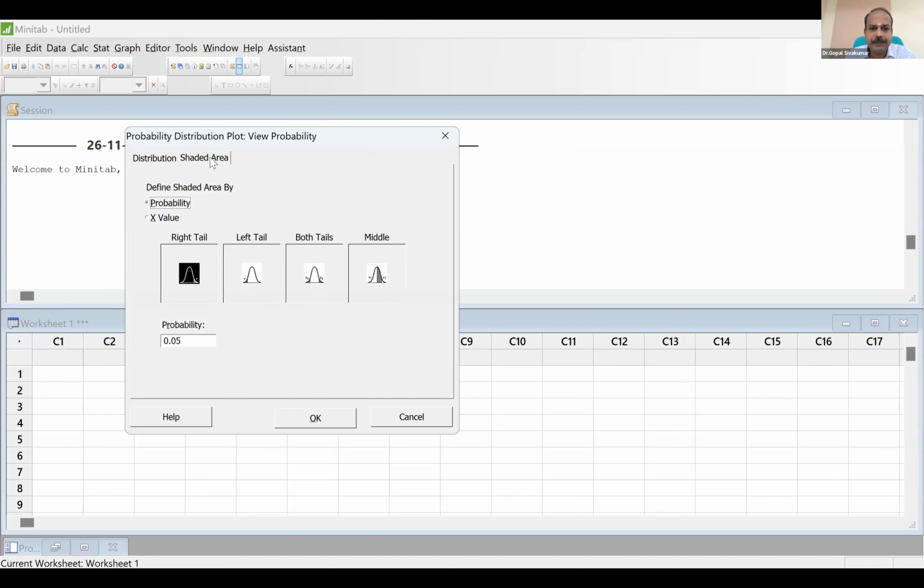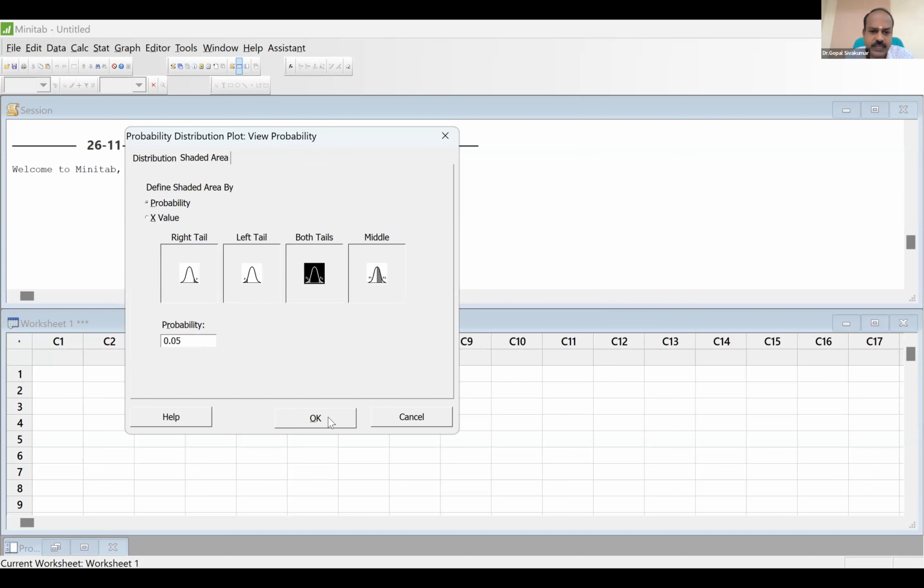Now, shaded area. And now let me find out the 95% probability. I want the 95% probability area in this manner. The area between, okay, let me choose this.